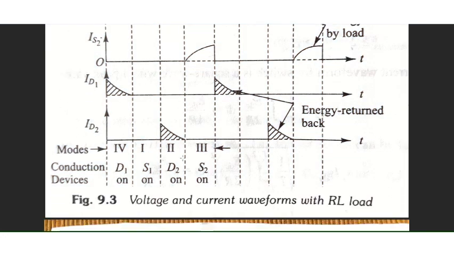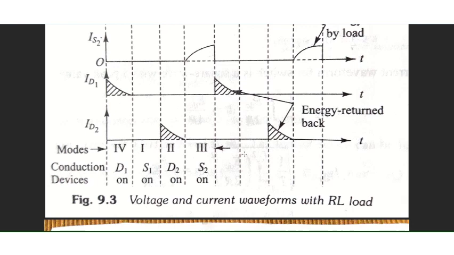As you can observe here, between T1 and T2, S1 is on. Between T2 and T3, diode D2 is conducting, or forward biased. From T3 to T4, the second switch is on.